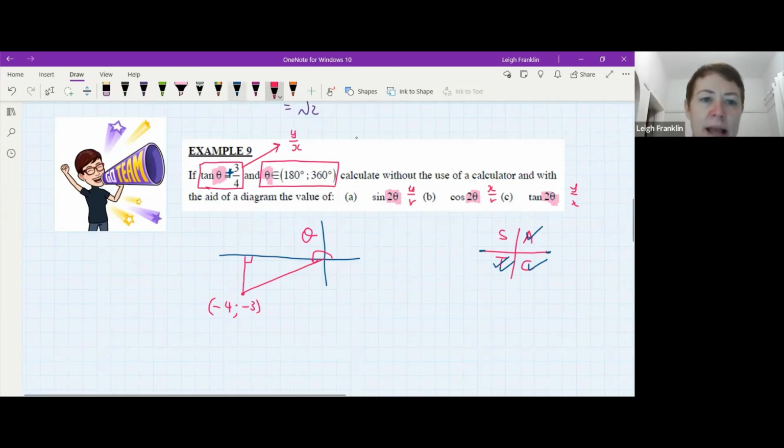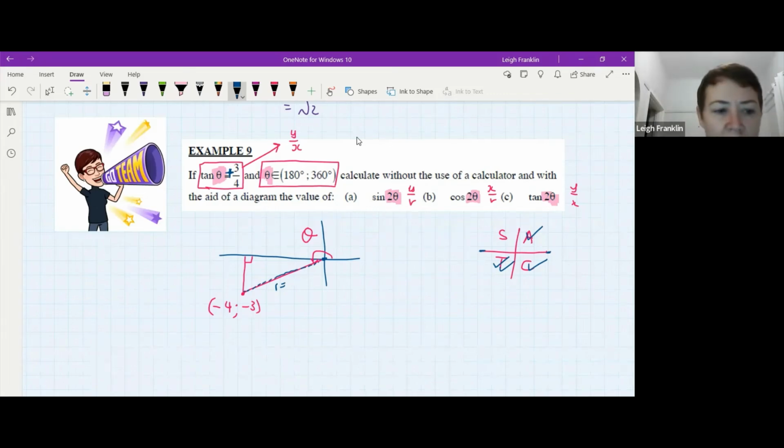R is the length of the terminal arm, aka the hypotenuse, this thing over here. It's anchored at the origin and it's swung anti-clockwise, theta degrees to come to rest in quadrant number 3. R is always positive. So now we've got to do the theorem of Pythagoras to work out the value of r.